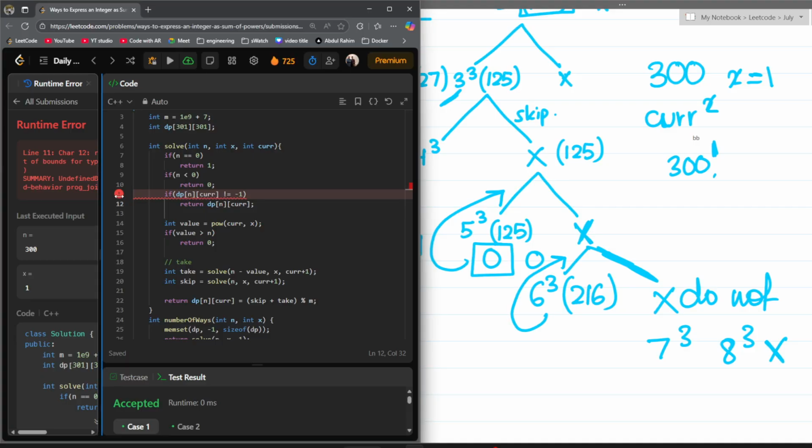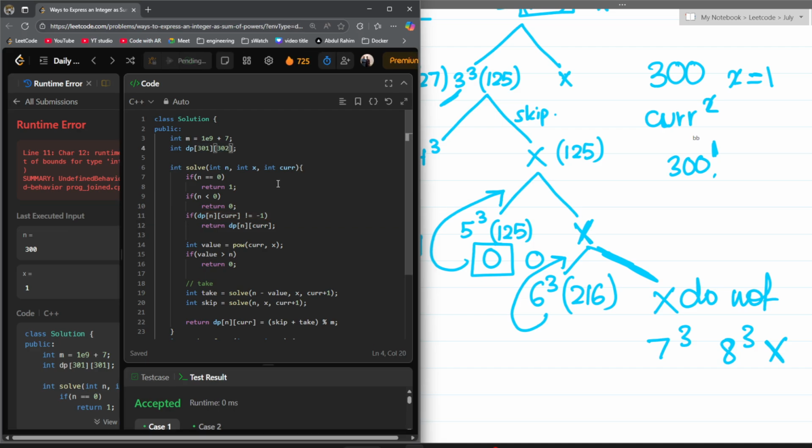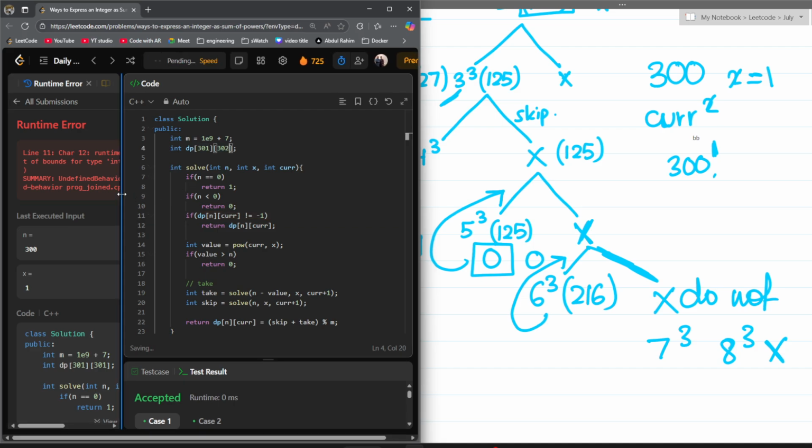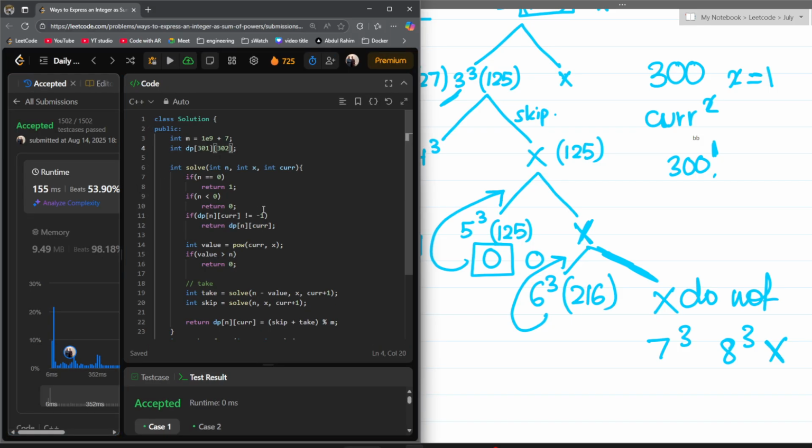Why am I going to 301? dp of n comma current. If I make this 302, would it now pass all the test cases? Yeah, it does. So we are passing all the test cases that we have.